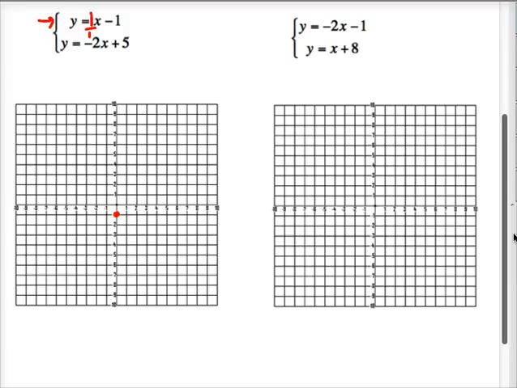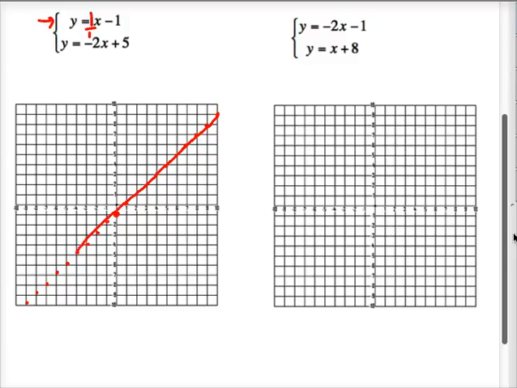So I have a slope of 1 over 1, so rise of 1, run of 1. So that's going to give me all of these points here. Once you have those points, connect them to make your line.